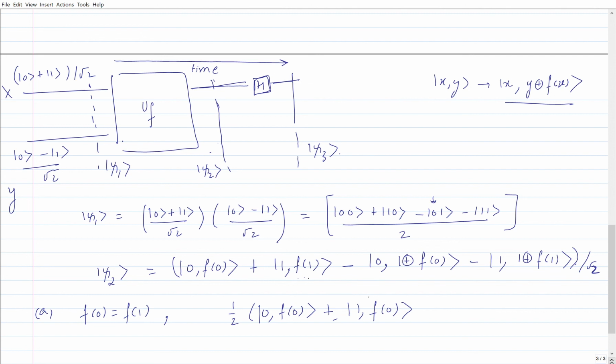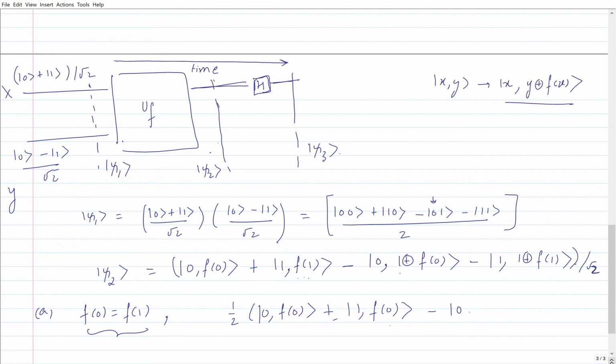I'm just writing f1 because of this condition. Then I have 0.